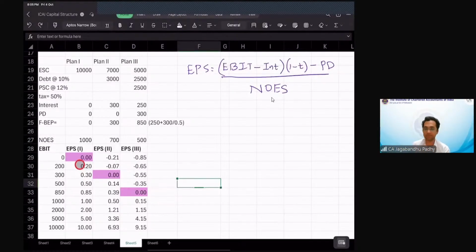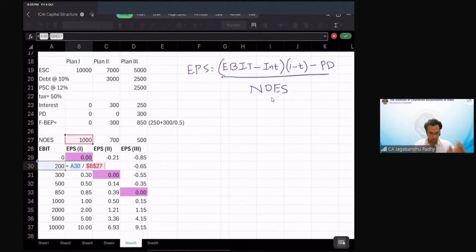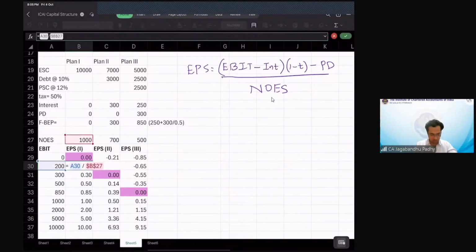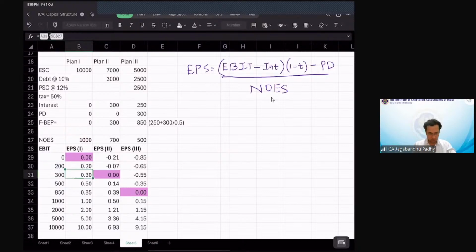For example, if I ask you another simple question, you want to start your food business. Yeah, I have not deducted tax. This is EBIT. Oh yeah, just taken the EBIT, right? Yeah, there's a change.